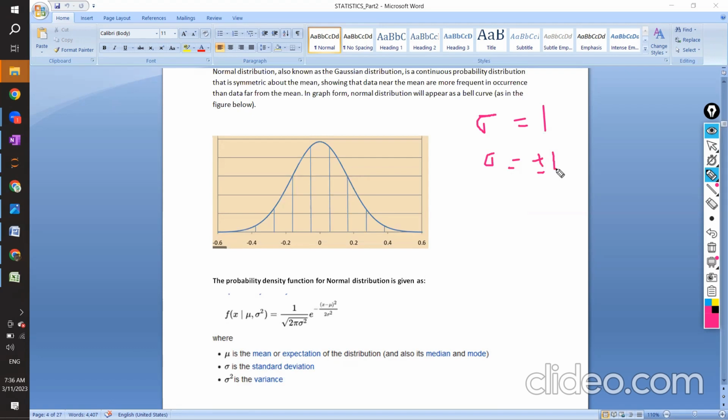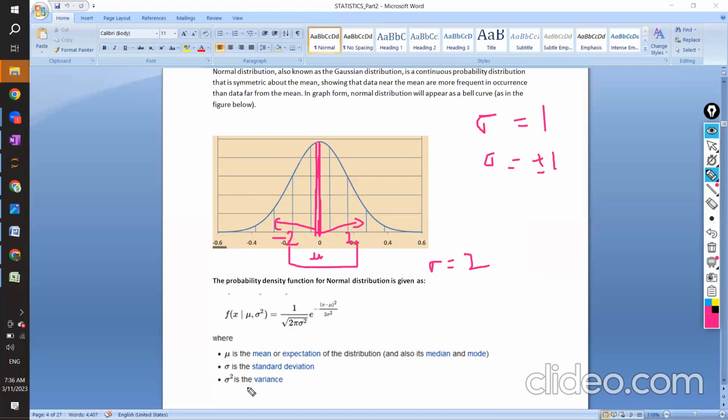That means if the mean of this distribution is 0 and standard deviation equal to 2, the standard deviation will be plus or minus 2, so minus 2 to 2. You should consider the standard deviation to be on the plus side and also on the left side. Why, guys?